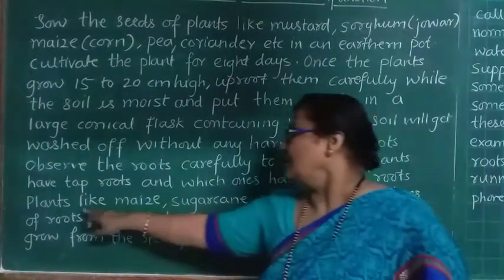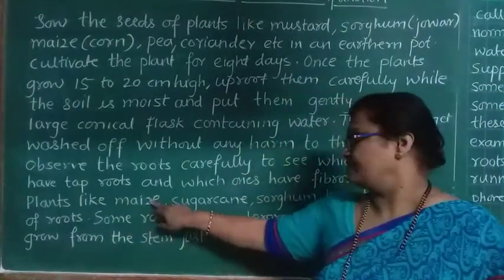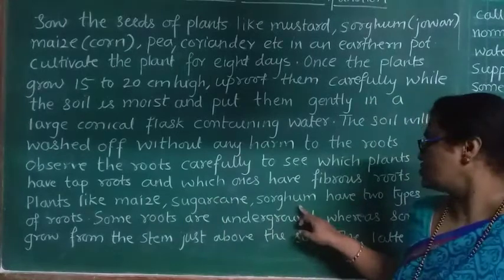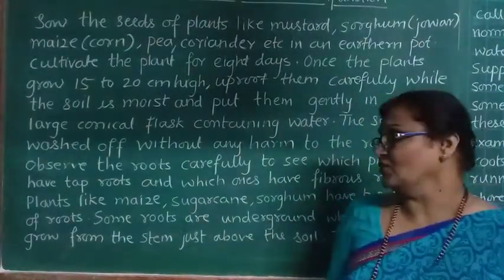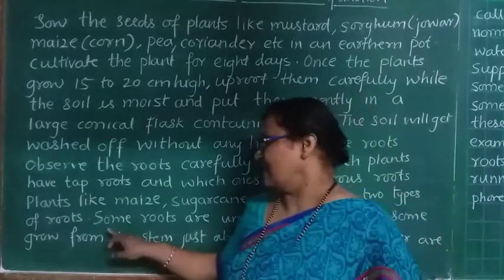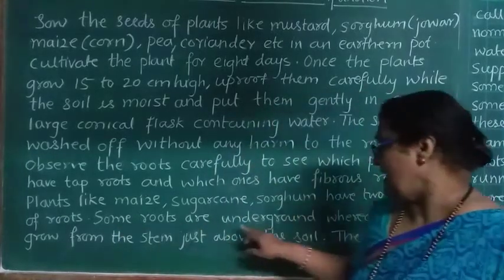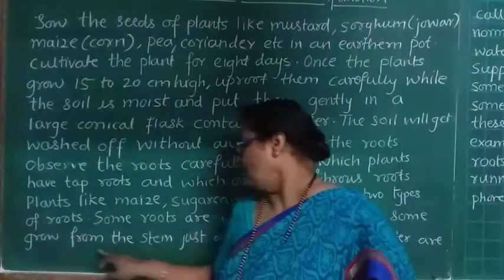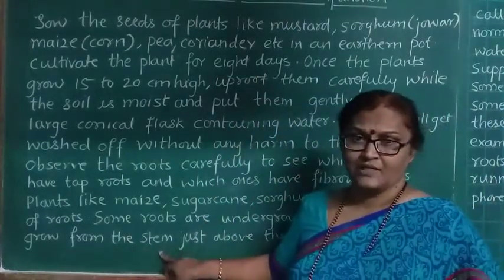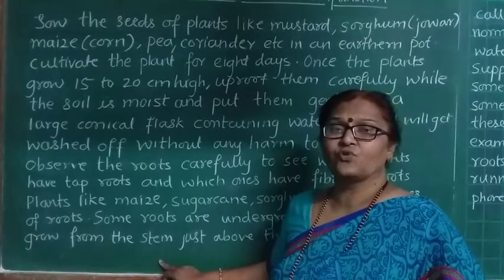Then see, plants like maize, sugarcane, sorghum have two types of roots. See which are those roots? Some roots are underground, whereas some grow from the stem. That means there are two types of roots.